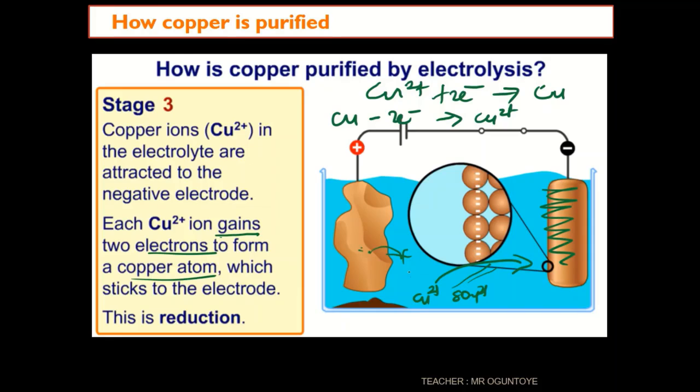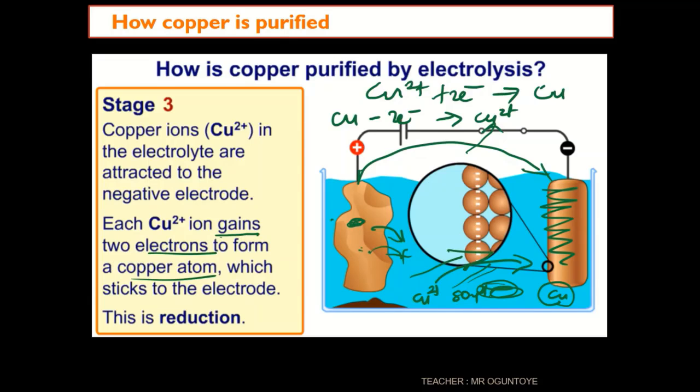So the copper that is leaving this solution to get discharged as copper metal at this electrode will be replaced by copper metal leaving this particular electrode and being dissolved into the solution as copper ion. So essentially, this solution remains the same while we have a net migration of copper from this impure end to this pure end.